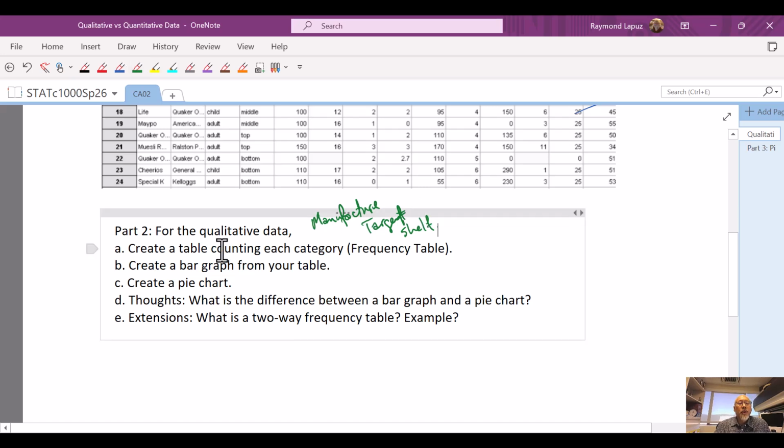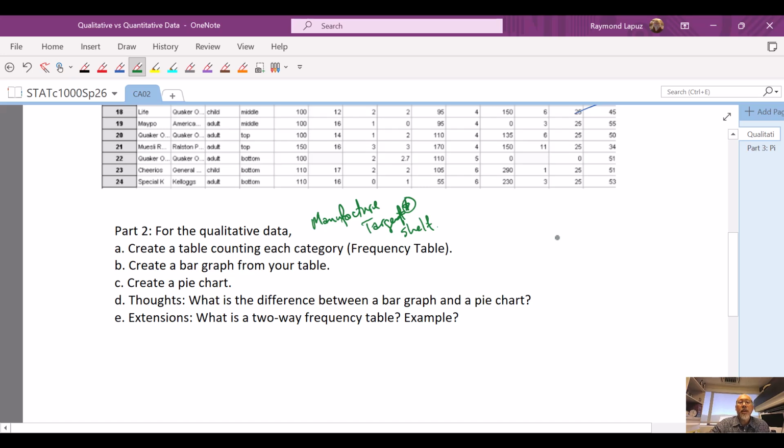So they want us to create a table counting each category within that particular data set, and then make up a bar graph, a pie chart, and then there's a couple of other questions that come up. So I think in class I decided to work on the target first because it was easier to do.